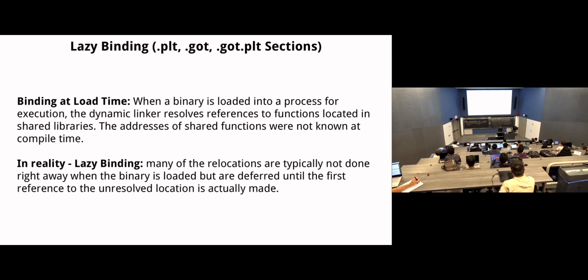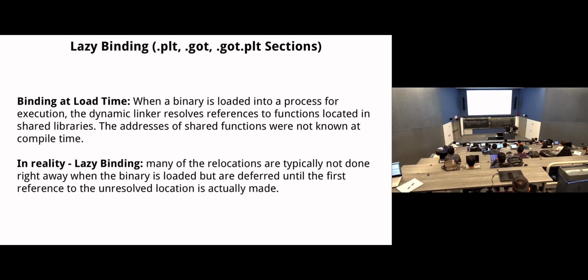But the problem is each program has its own virtual address space, and that address space can even be randomized. So the libc address, the virtual address, will also look randomized to them. So how do they know what the address is?